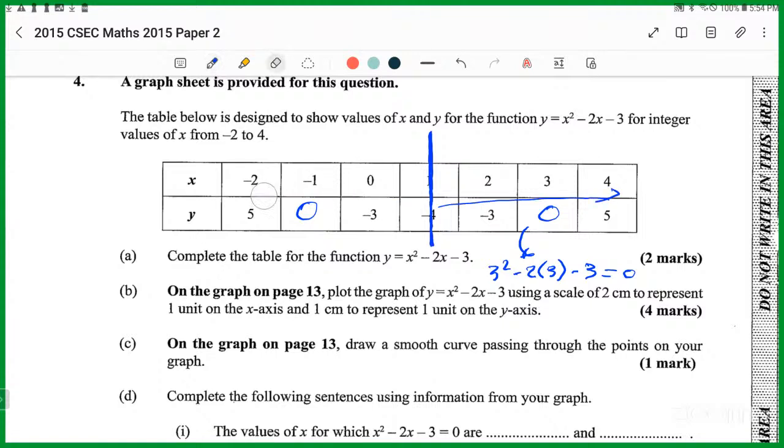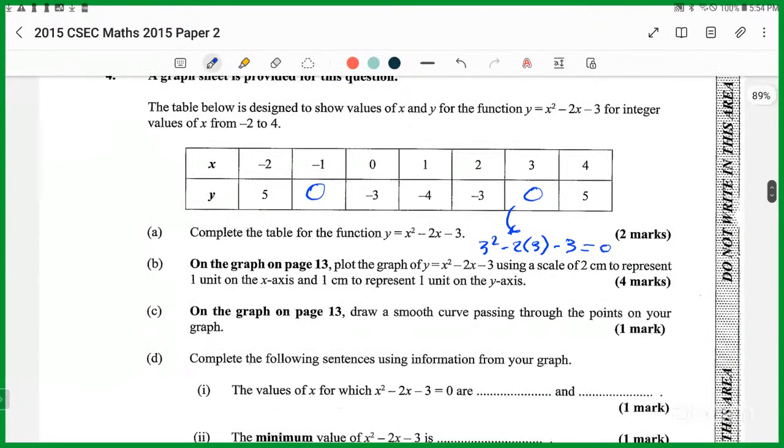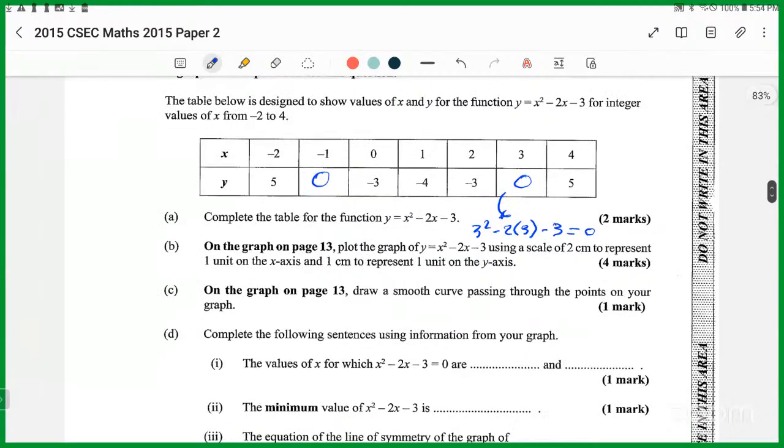So this point is your minimum point. But let's see what they want us to do. Remember, where y values are equal to 0, these become your roots. So we know that this is the minimum point.